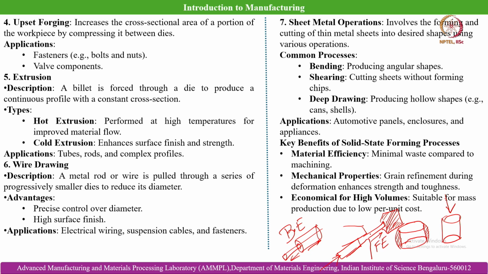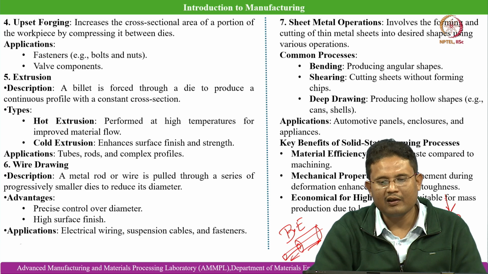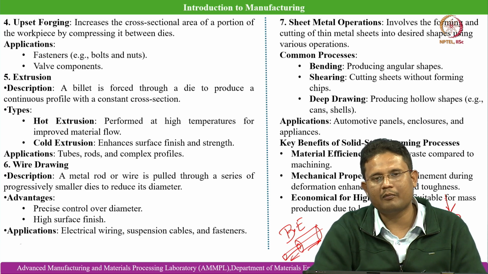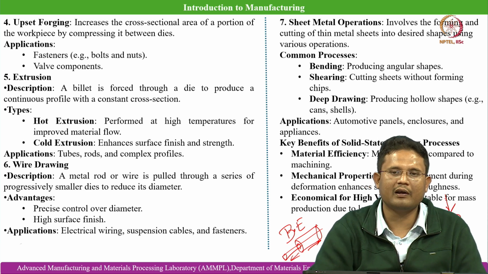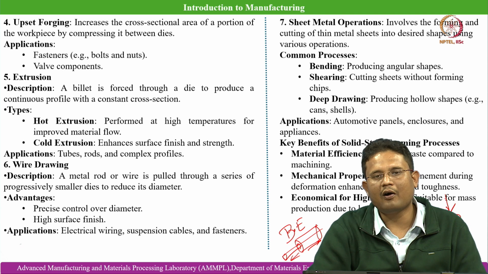And then here comes sheet metal operation. This is a forming technique that we encounter in our day to day life. There are several sheet metal fabricated components that we use in our daily appliances, in our homes, in our offices. There are common sheet metal forming techniques such as bending, shearing, or deep drawing.